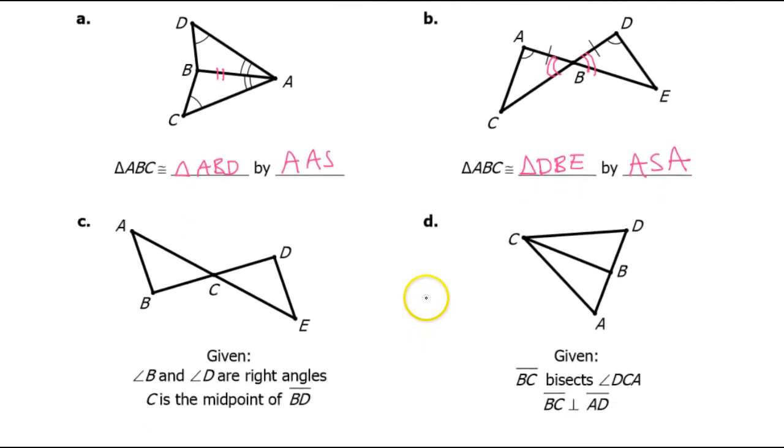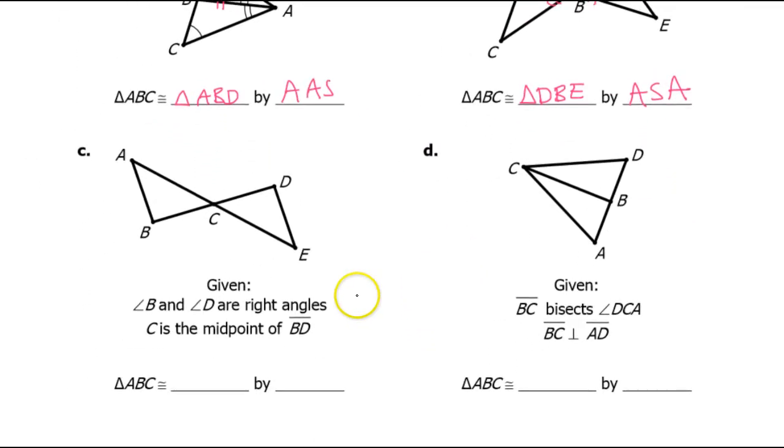Let's see, got to scroll down a little bit. So we are given that angles B and D are right angles. So I can go ahead and mark those. That means that they are congruent as well. C is the midpoint of BD.